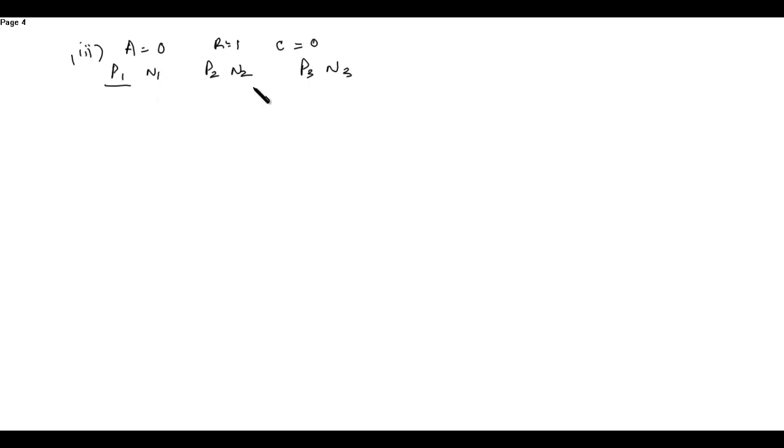Where there is 0, the PMOS will turn on. So P1 and P3 will turn on. When B is equal to 1, then N2 will turn on. So P1, P3 and N2, they will turn on. P2, N1, N3 will turn off.